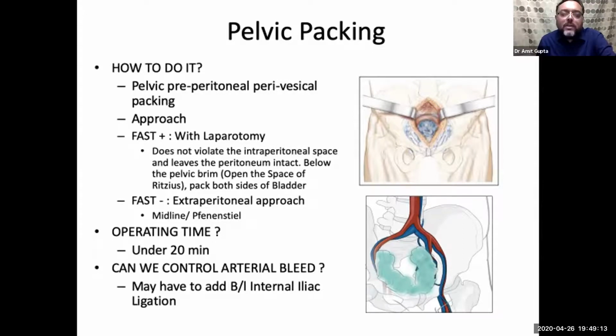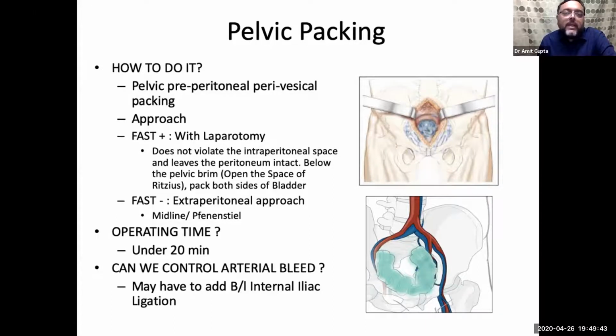So we open the space of Retzius, and you won't believe it is so easy to do because the blood is already there, the clot is already there, and therefore it does not take a real effort to peel off the peritoneum, enter the true pelvis, evacuate the hematoma, and look for the active sites of bleeding. If you can control it, very good. If you cannot control it, the first reaction is to pack both sides of the bladder so that the bleeding stops.